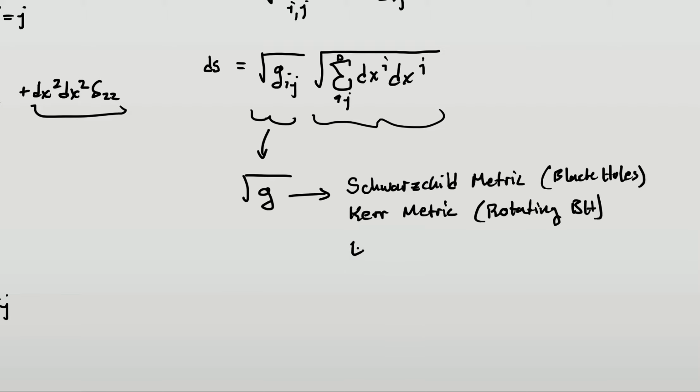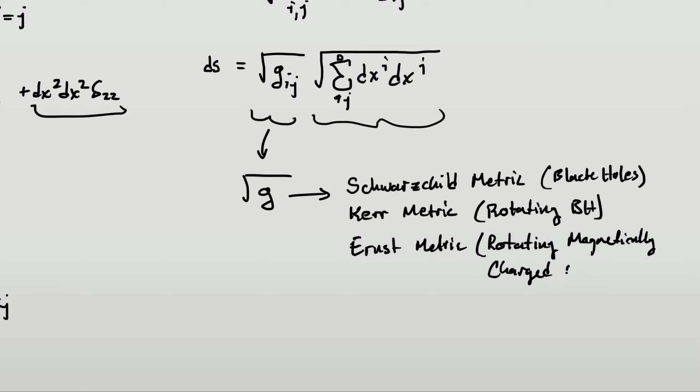We can have the Ernst metric. If I remember correctly, this is for rotating, magnetically charged black holes. So this metric can take on various different forms in various different areas of space.